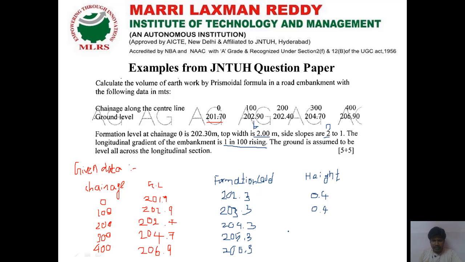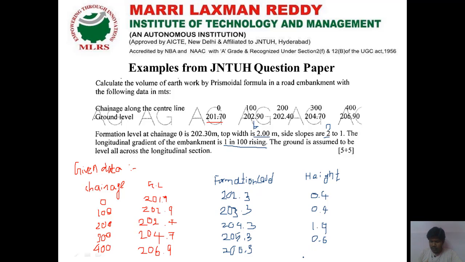Next, 204.3 minus 202.4, 1.9 meter. Next, 205.3 minus 204.7 gives the answer of height of 0.6 meter.